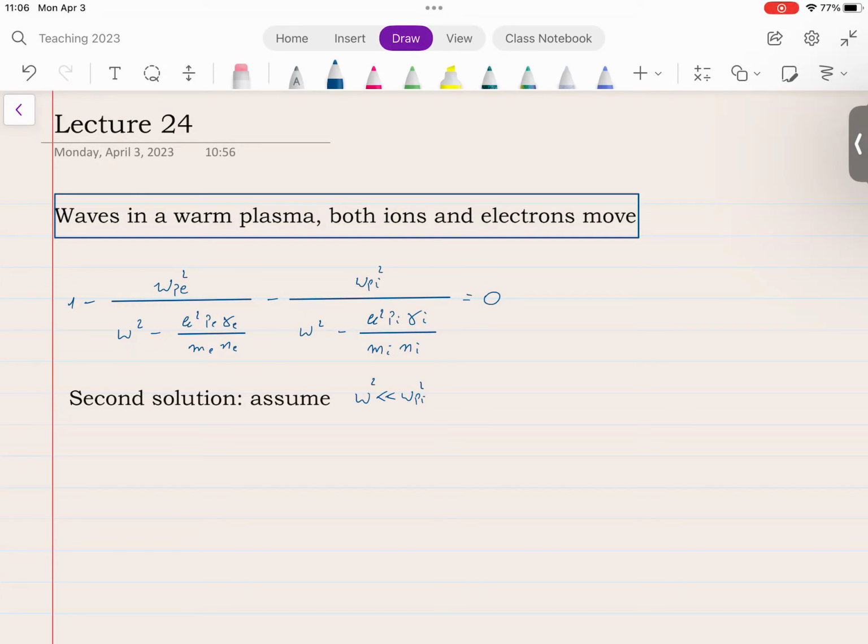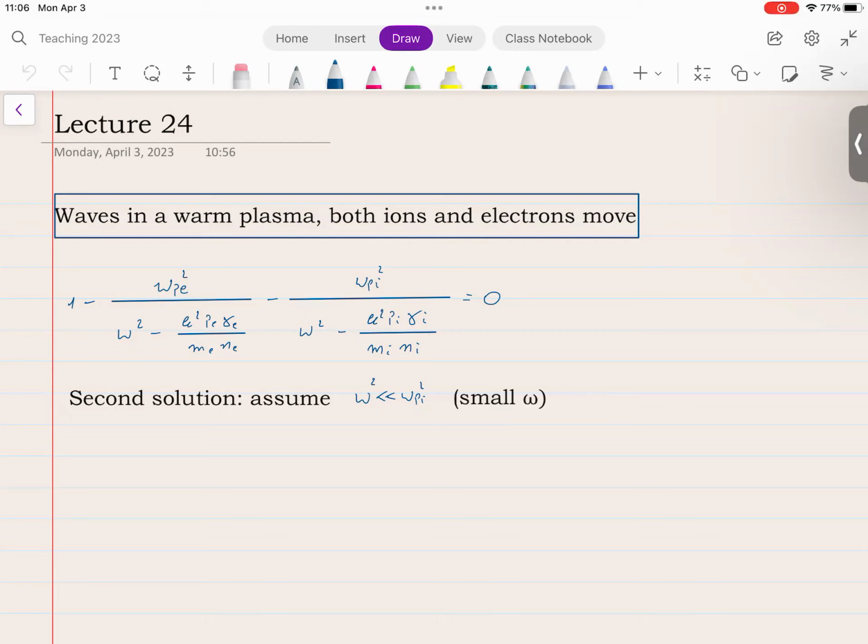That is, we assume that omega is small. Okay. Let's see what happens.